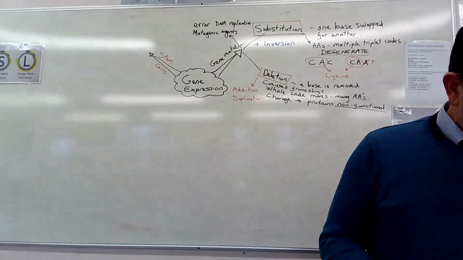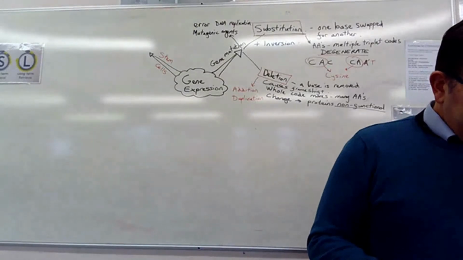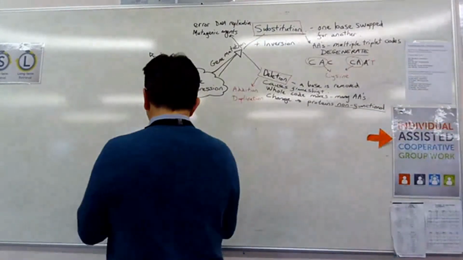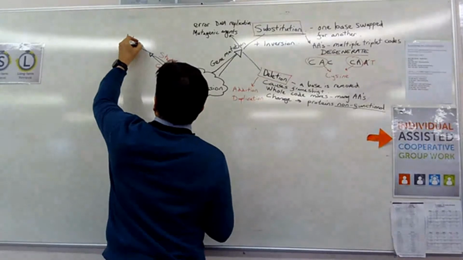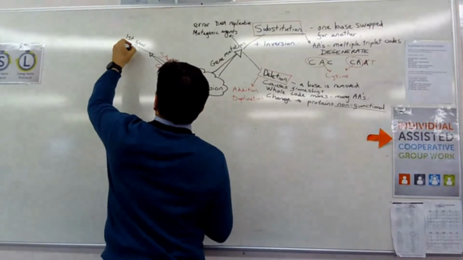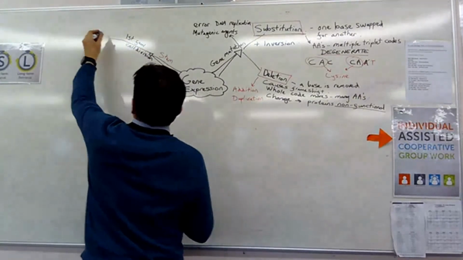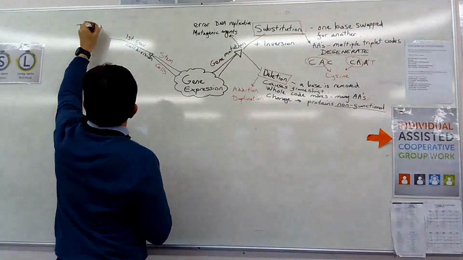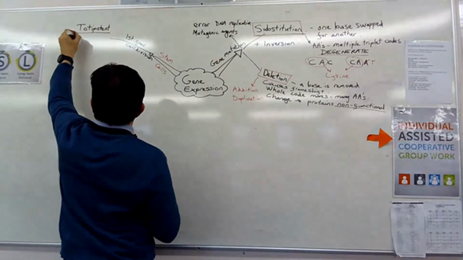So in the embryo, for example, what can you get in the embryo? In the first few cell divisions, they are what we call totipotent. So they can specialize into any type of cell.